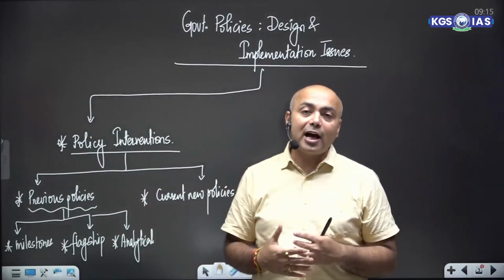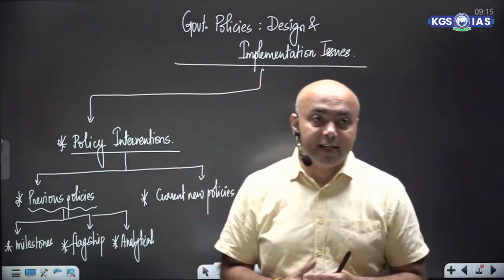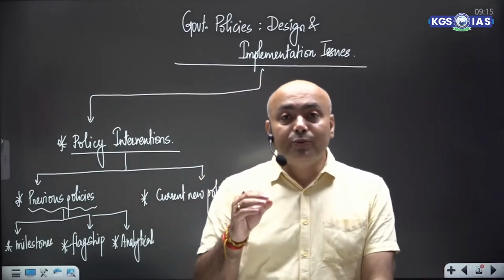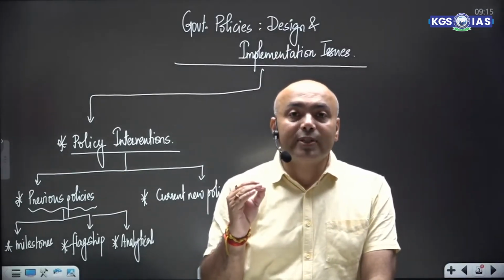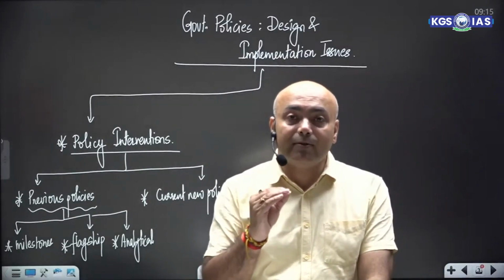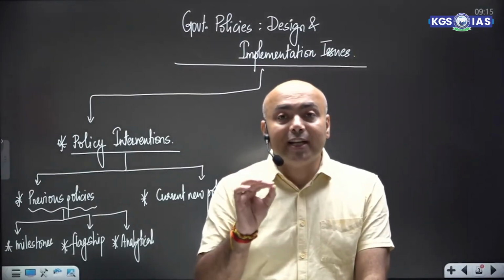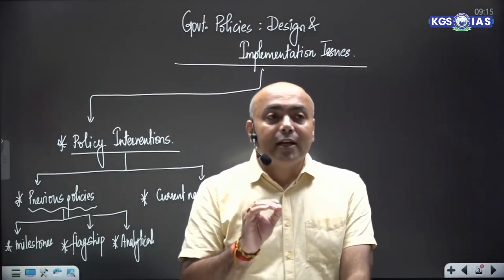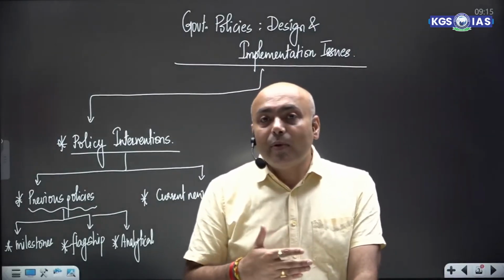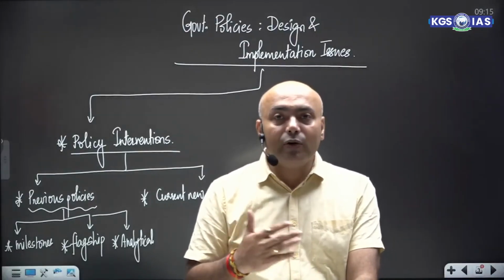Of course, there are so many policies that the government has initiated. You will find that there are approximately 64 to 65 policies which the current government considers the most important of all policies. So in that sense, we cannot read about all these policies and we cannot remember and analyze all of these.